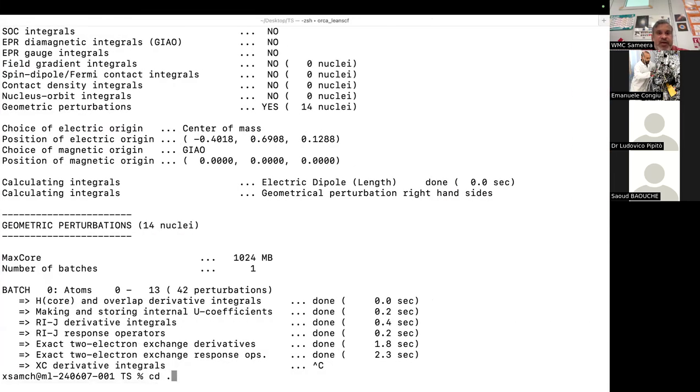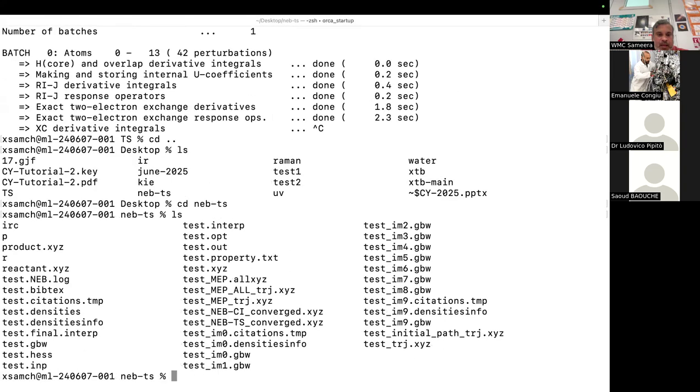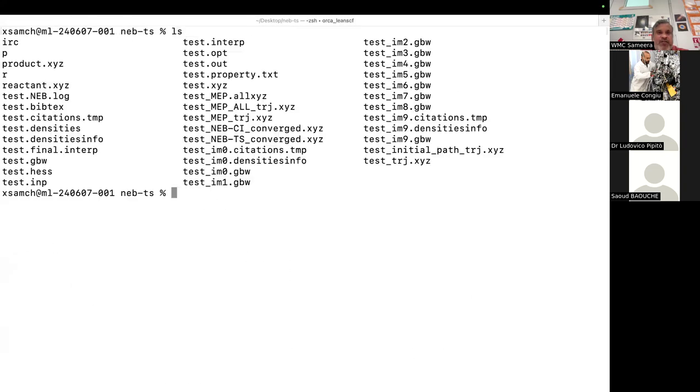Right, okay, now you can see here. After the computation of the NEB calculation, you can see many output files, and you can find some interesting information in these output files.